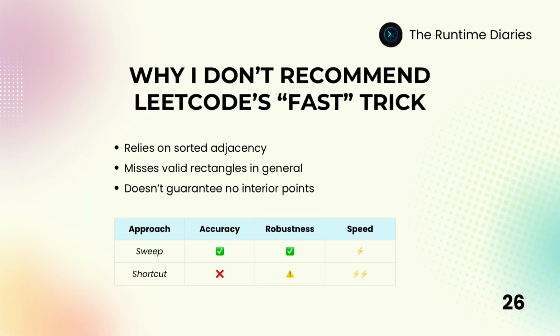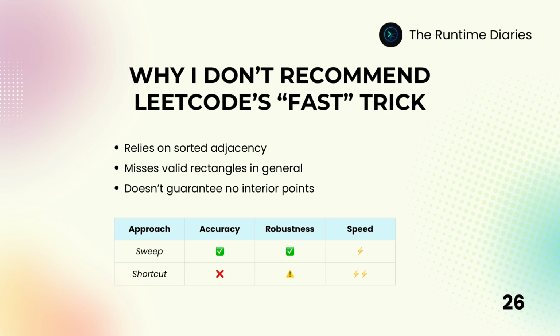On Leetcode, you might see a short, lightning-fast solution that just sorts points and checks adjacent ones. It's clever, but it's also fragile. It assumes your points line up perfectly when sorted, and that's not guaranteed. And it can miss valid rectangles or break the no interior points condition entirely. It's faster on paper, but not reliably correct in all scenarios.